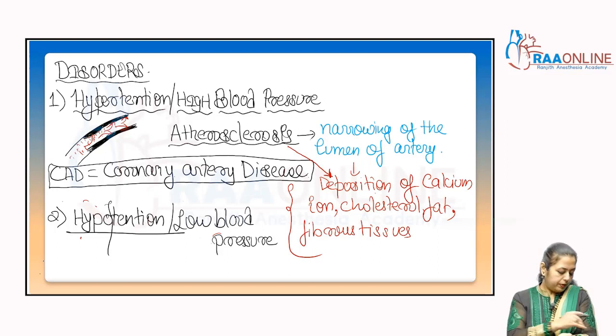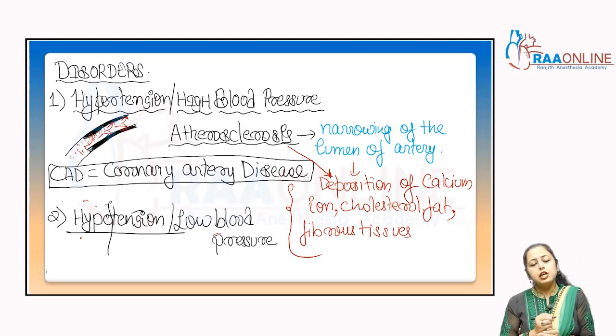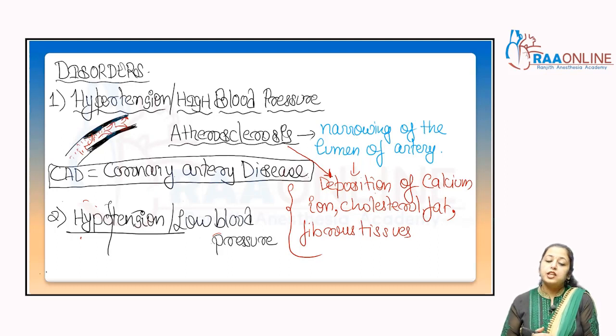So this is hypertension and hypotension. Now we will discuss the causes of hypotension. We know the causes of hypertension, right? Why does the blood pressure get low? It may be momentary, or due to an imbalance of the electrolytes, right?